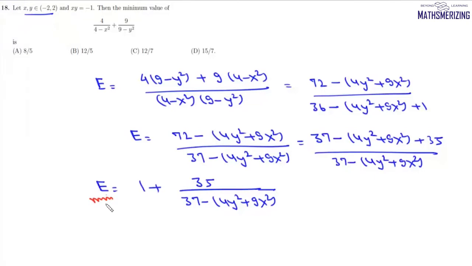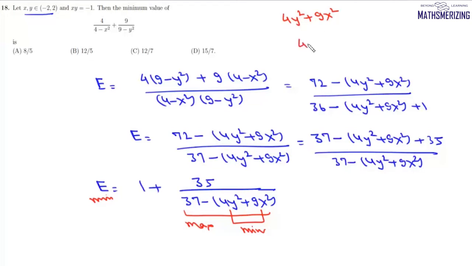The value of this expression will be minimum when this denominator is maximum. And this denominator will be maximum when 4y square plus 9x square will be minimum. So we have to find the minimum value of 4y square plus 9x square. So for the minimum value, we'll use AM and GM.